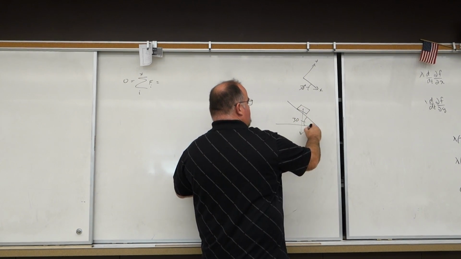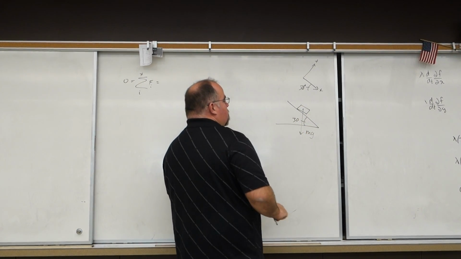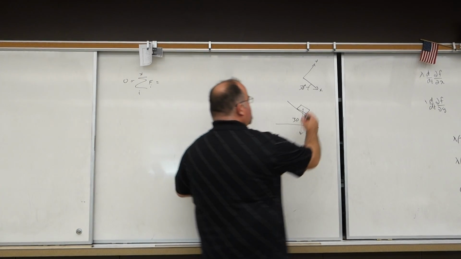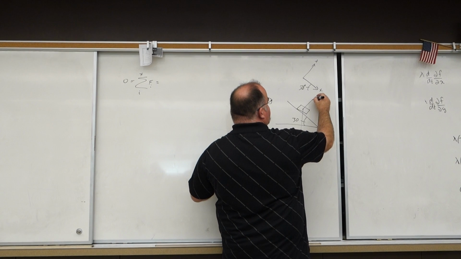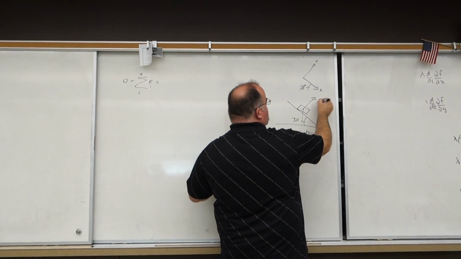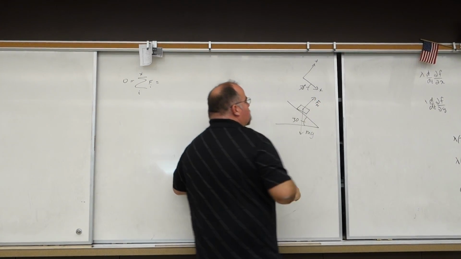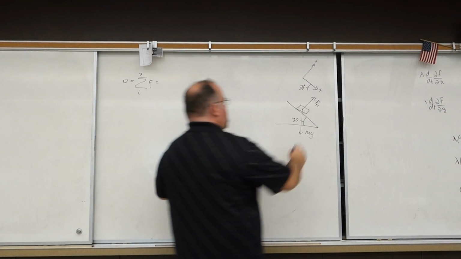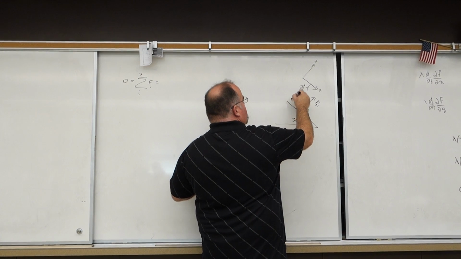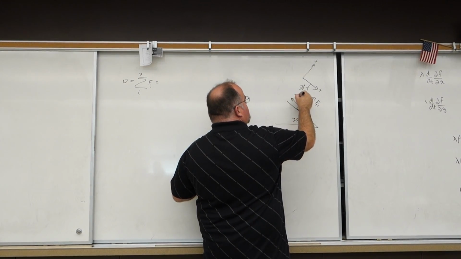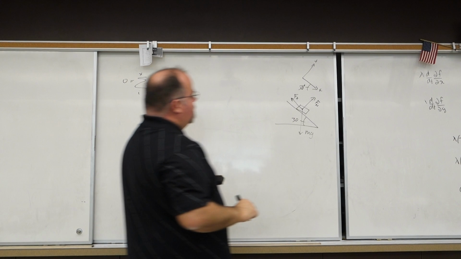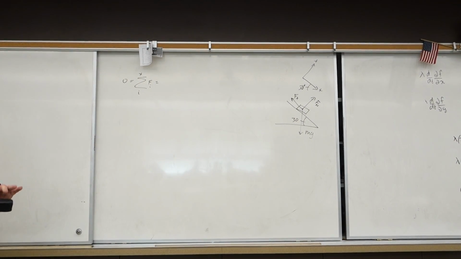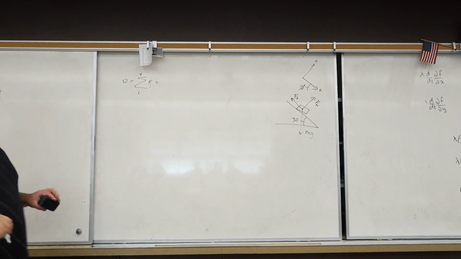Force of gravity, mg. What other forces are acting on it? Normal force. That's always perpendicular to the contact of the two objects. What force is keeping it from slipping? Friction. Static friction, and it is static because it's not sliding. Are there any more forces acting on that? Nope.